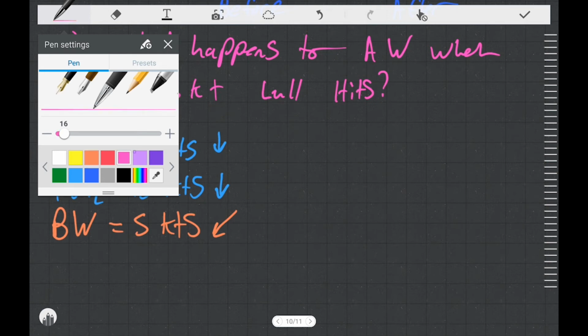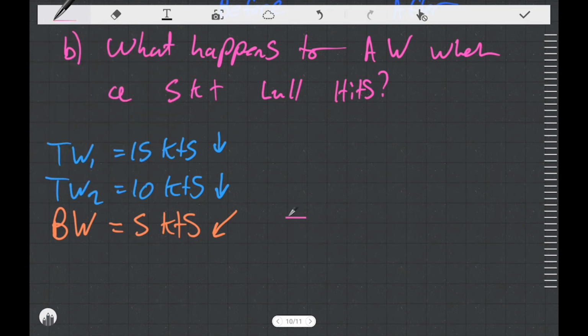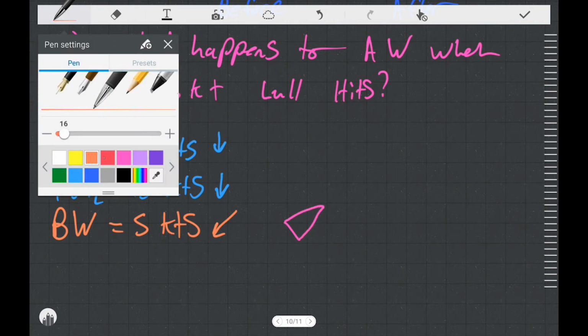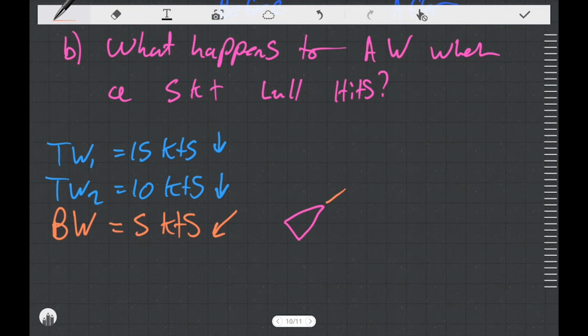So, we'll start by drawing our boat. We'll add the boat wind in. And just like before, I'm going to copy it so that we can work on both diagrams at the same time.